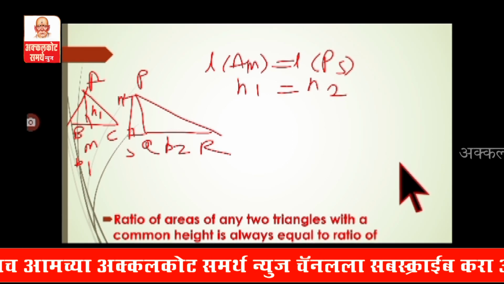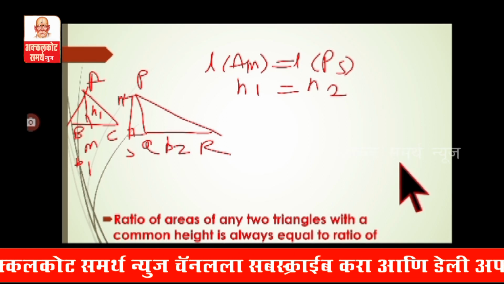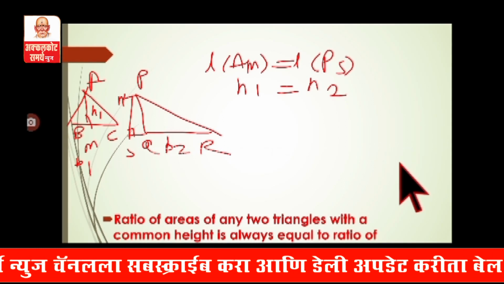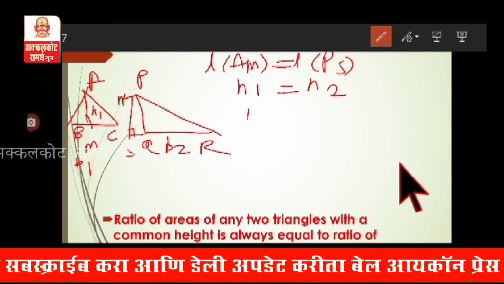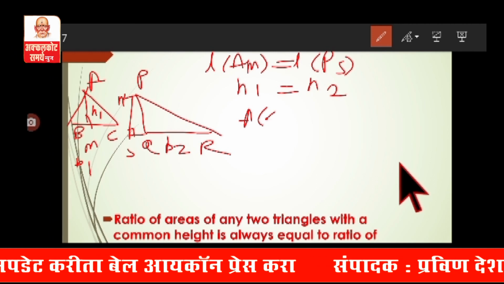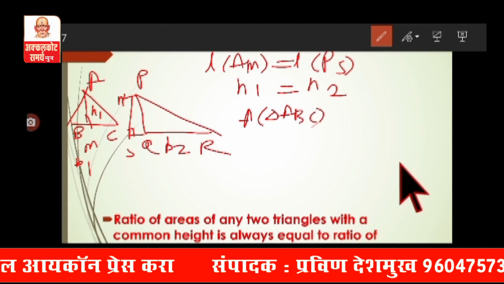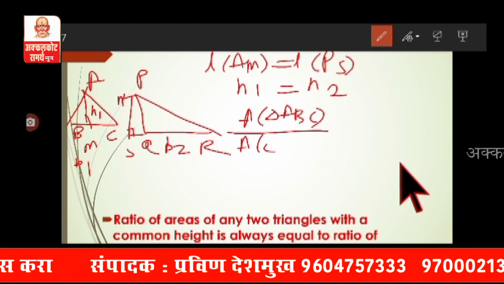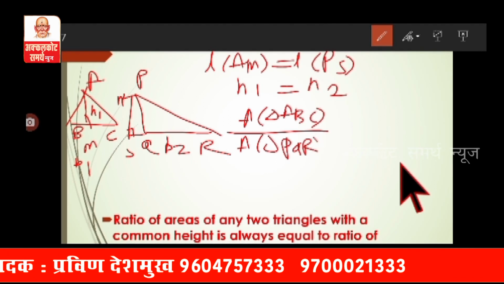Just now, from the first property, the ratio of areas of any two triangles, we can take area of triangle ABC over area of triangle PQR.